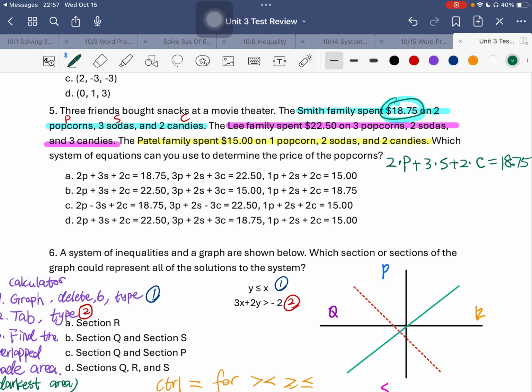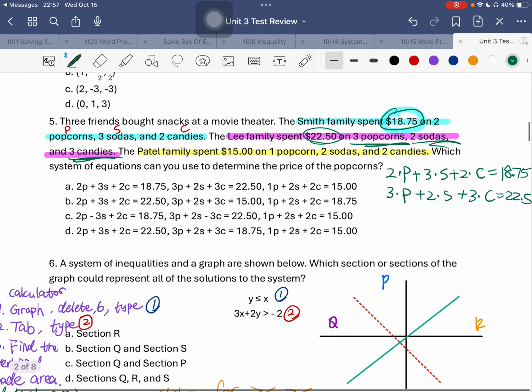Okay, for the next family, the total cost is 22.5, so it'll be 3 times P, 2 sodas plus 2 times S plus 3 times candies equal to 22.5.